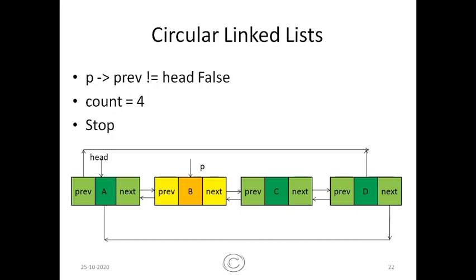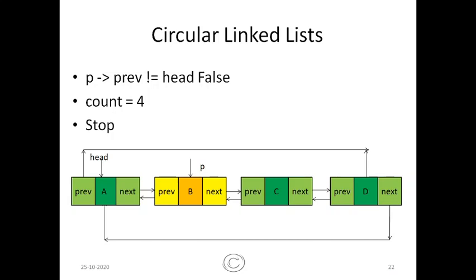Okay, so at any specific node we can go forward using the next link, and we can go backward also using the previous link. This is one more advantage. The address space will be increased, but traversing is very useful in both directions, forward and backward. Okay, so now this is the basic example.